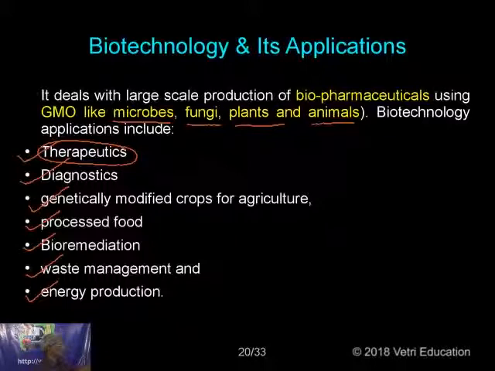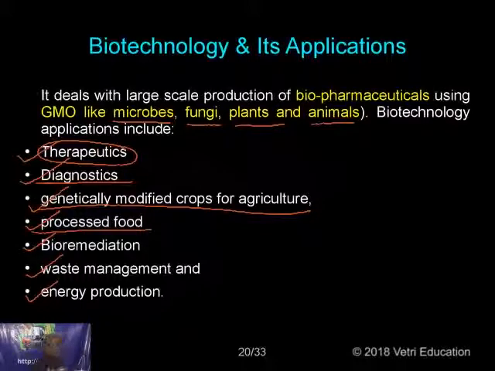So in the diagnosis also, biotechnology is playing a very vital role. Genetically modified crops we are able to produce in agriculture. Hundreds of crops we have made, which are genetically modified. Then in the food processing, new preservatives are coming to the market with the help of biotechnology. In the food processing alone, biotechnology is doing a tremendous work. Then bioremediation is also mostly what is known as therapeutics.